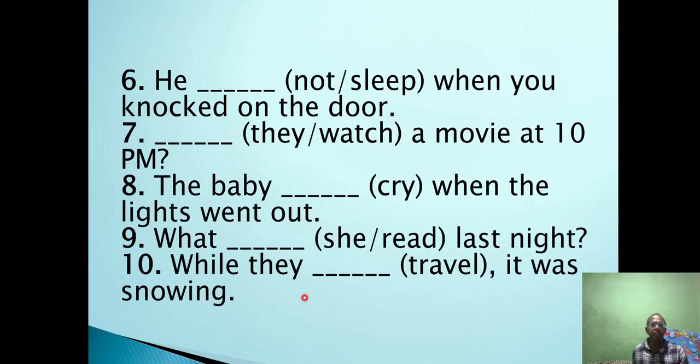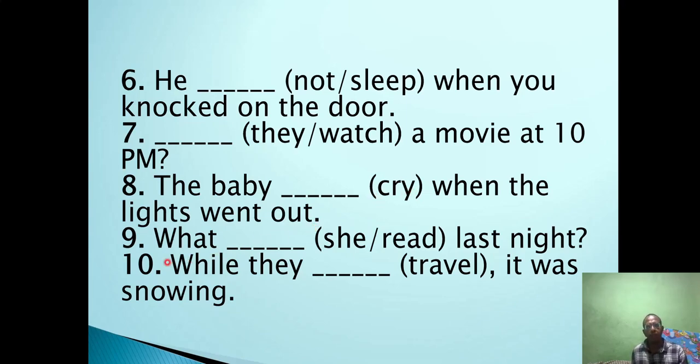Number six, he blank bracket not slash sleep when you knock on the door. Number seven, blank bracket they slash watch a movie at 10 p.m. question mark. Number eight, the baby blank bracket cry when the lights went out.